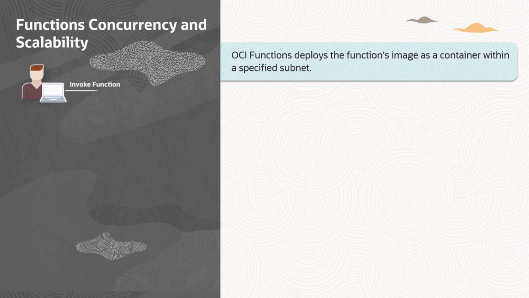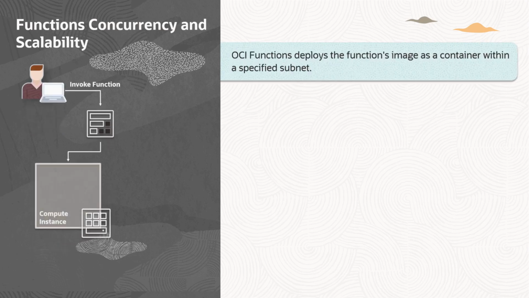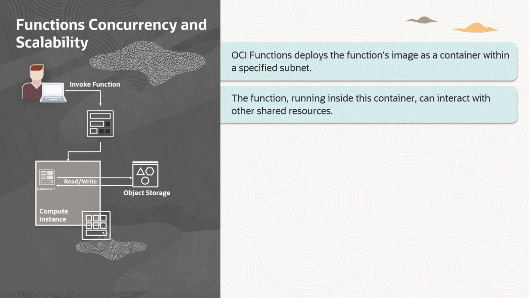When a function is invoked for the first time, OCI Functions deploys the function's image as a container within a specified subnet. The function running inside the container can interact with other shared resources and services such as databases and object storage, ensuring seamless integration and operation within the cloud ecosystem.